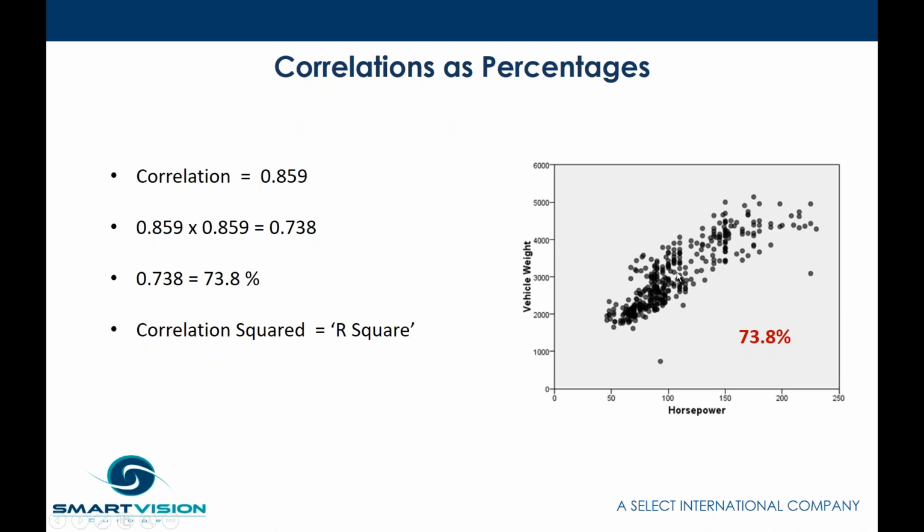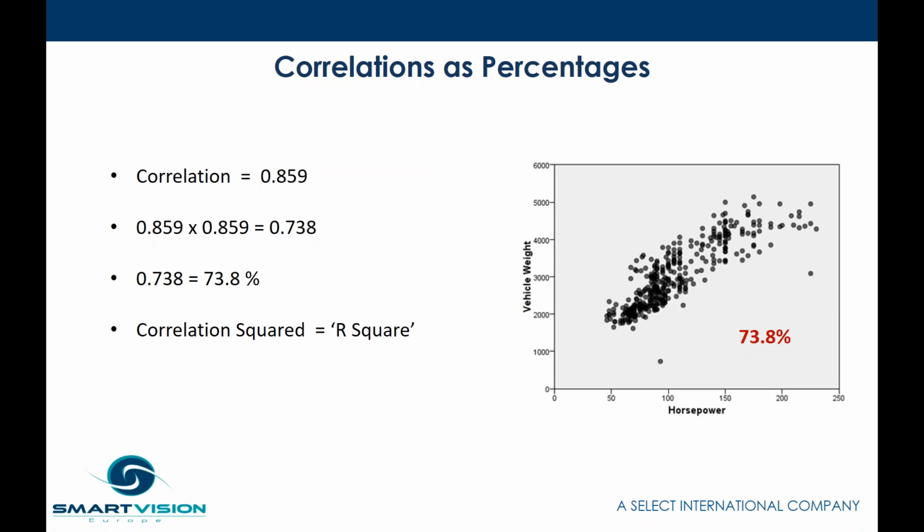And this is useful because it tells us how much overlap there is in the variation between one field and the other. And if you think about it, you can then talk about how strong a correlation is in percentage terms. So if you get a correlation of 0.3, which is reasonably strong in a lot of social data, it's not massively strong, but it's reasonably strong. That means an overlap of 9%, because 0.3 squared is 0.09.